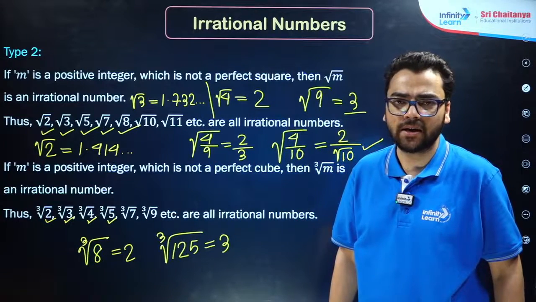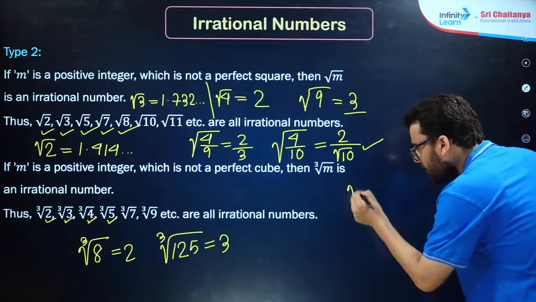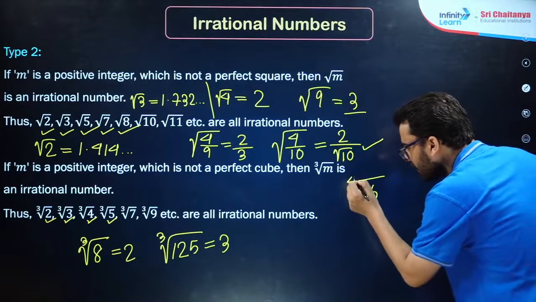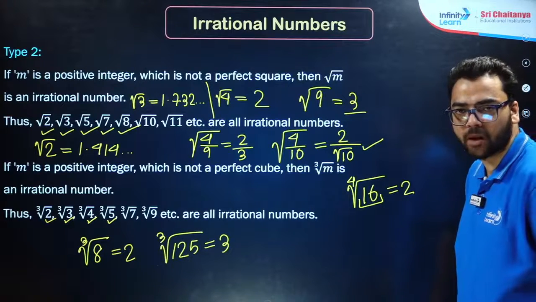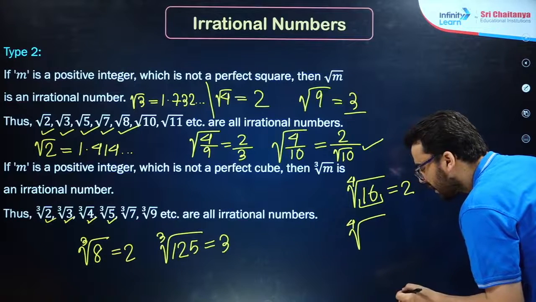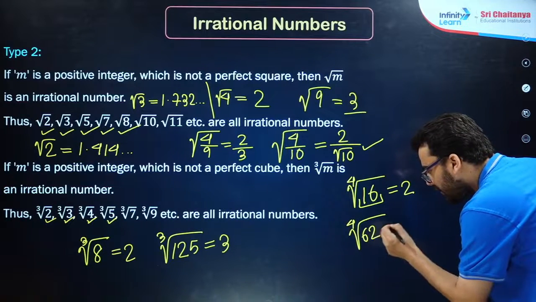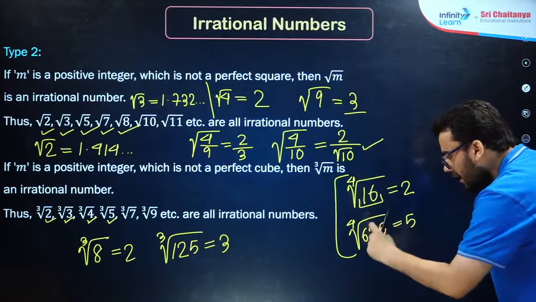You got that? In fact, for the nth root, for example, if you find the 4th root of 16, that will be 2, because 16 is 2 raised to the power 4. If you find the 4th root of 625, that will be 5. So these are rational numbers, not irrational numbers.